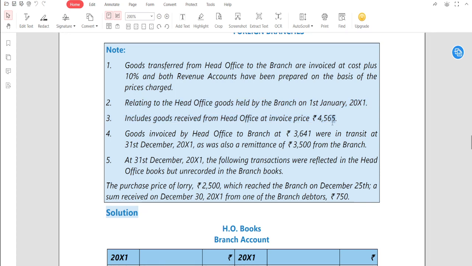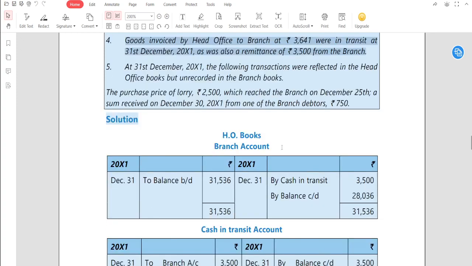So we need not record that here. Goods invoiced by HO to branch, 3641, were in transit at 31st December 20X1, as was also a remittance of 3,500 from the branch. So HO is going to receive 3,500 from the branch. It means the branch has already sent it, but the cash is in transit. So generally it will be cash in transit account debit to HO.